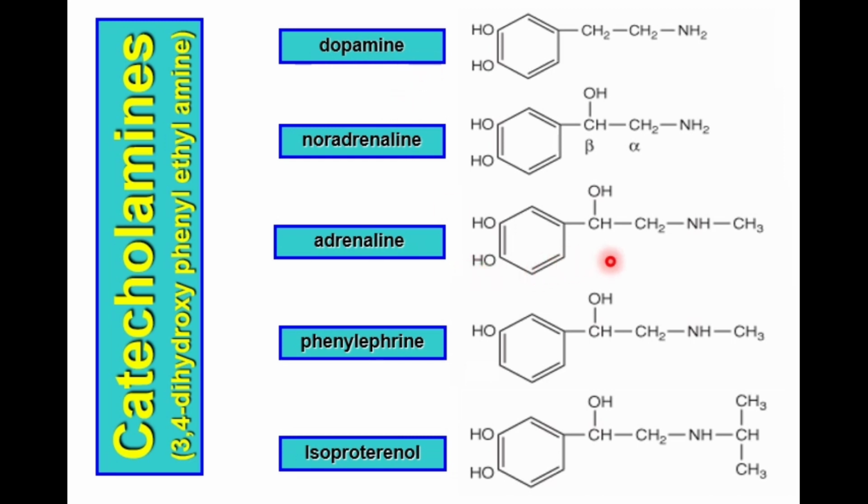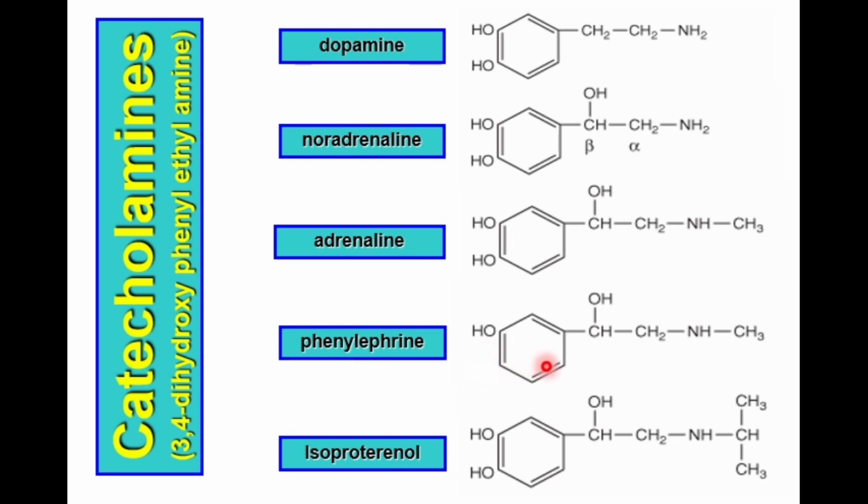A slight change in the structure of adrenaline can yield a compound which selectively activates either alpha or beta adrenoreceptors. Adrenaline and noradrenaline are both alpha and beta adrenoreceptor agonists. Phenylephrine, compared to adrenaline, lacks a hydroxy group on the benzene ring.